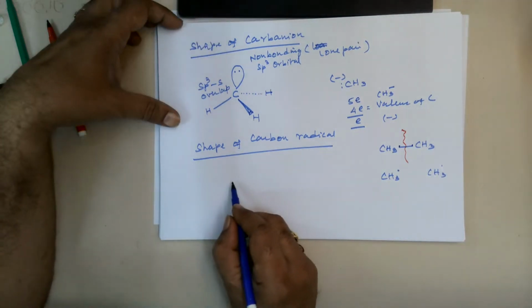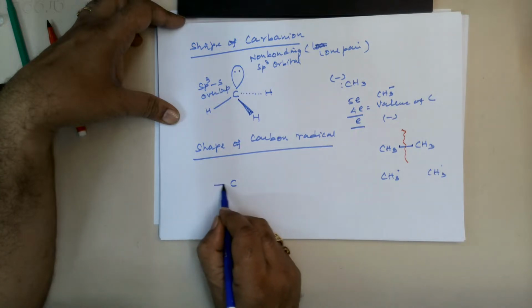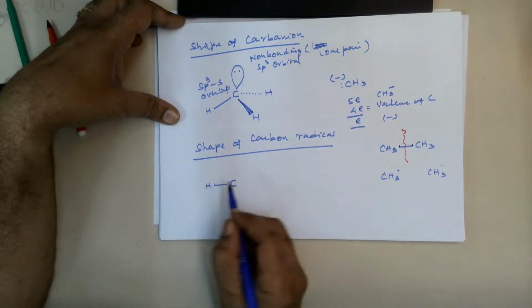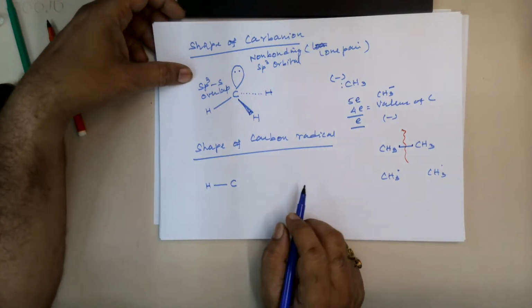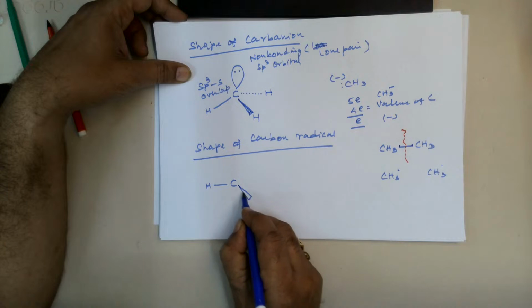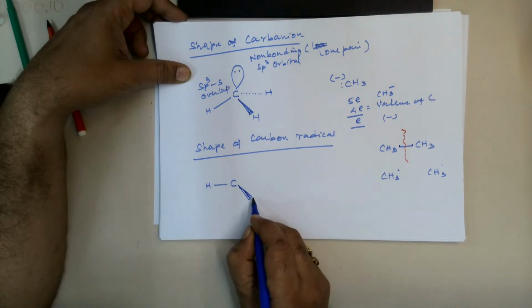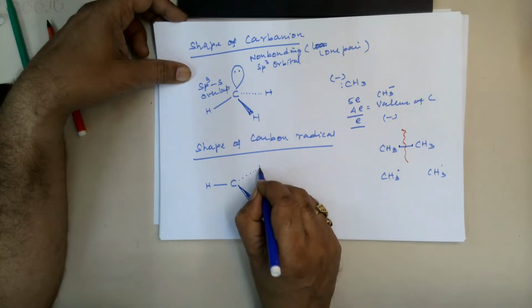Let us draw this. C, in a similar way, this is on the plane of the paper, CH, and then this is above the plane of the paper, and this is below the plane of the paper.